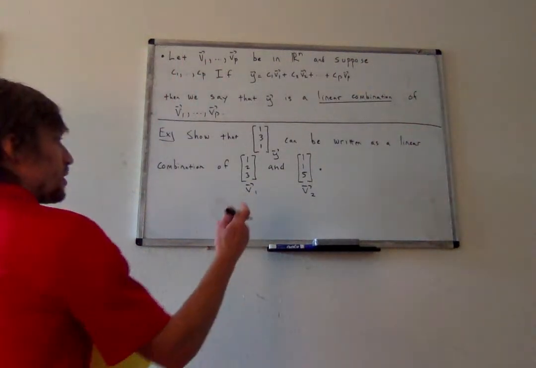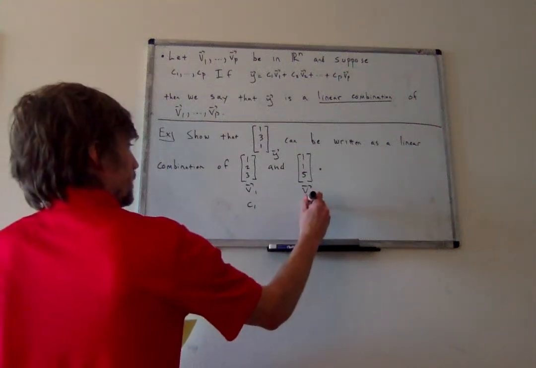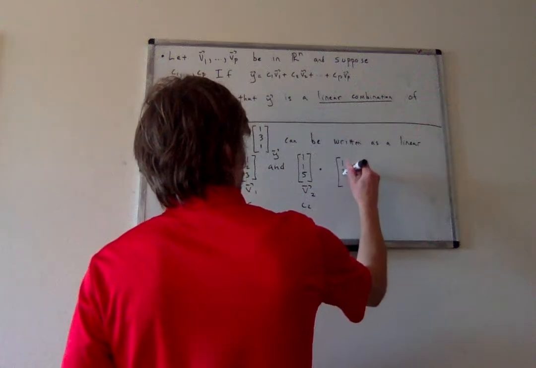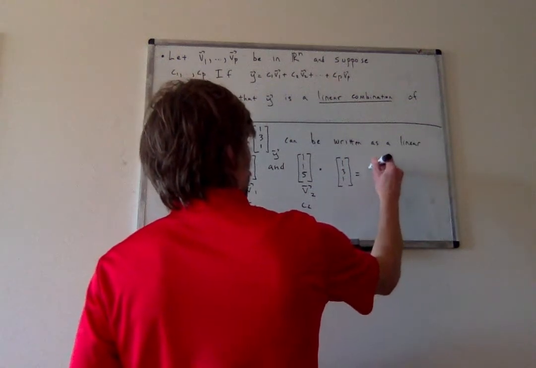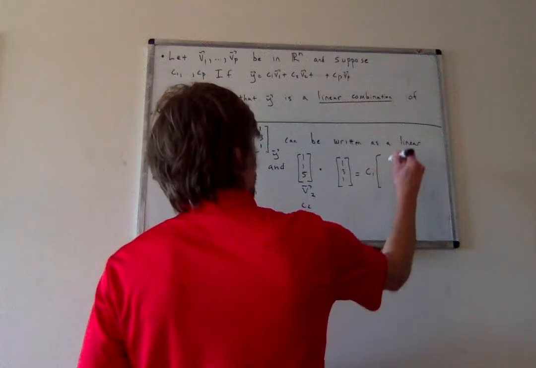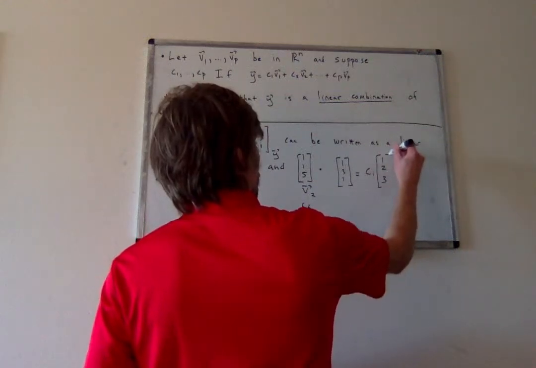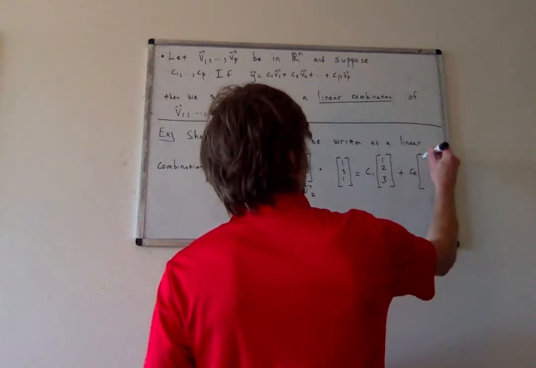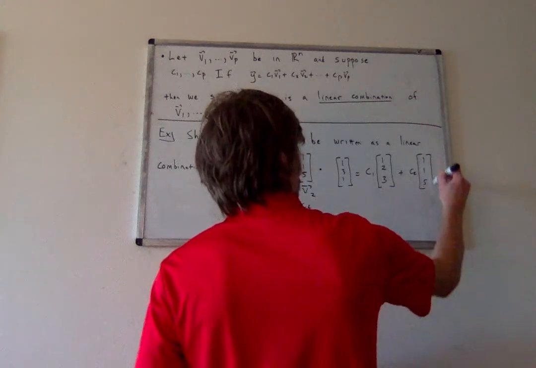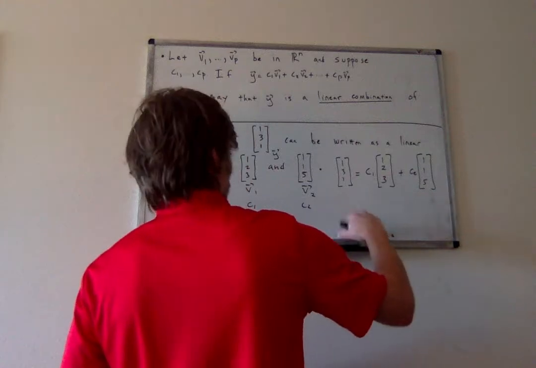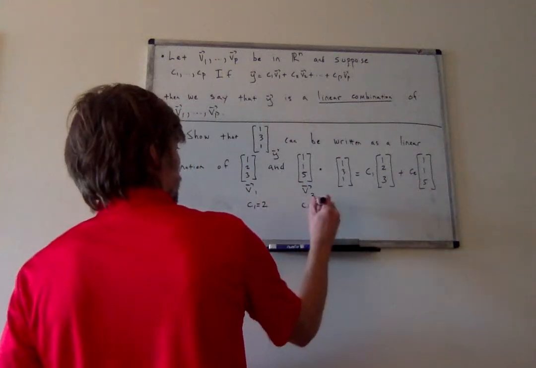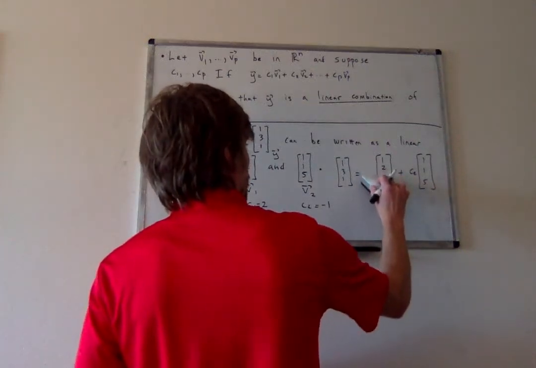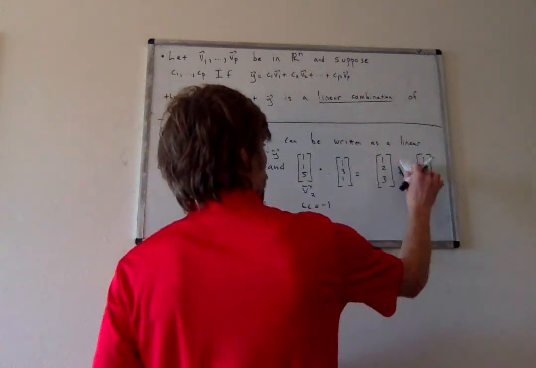And so what I want are scalars c1 and c2, so that 1, 3, 1 is equal to c1 times 1, 2, 3 plus c2 times 1, 1, 5. And I think if we let c1 equal 2 and c2 equal -1, then we've got a valid set of scalars. And so we'll verify that here.